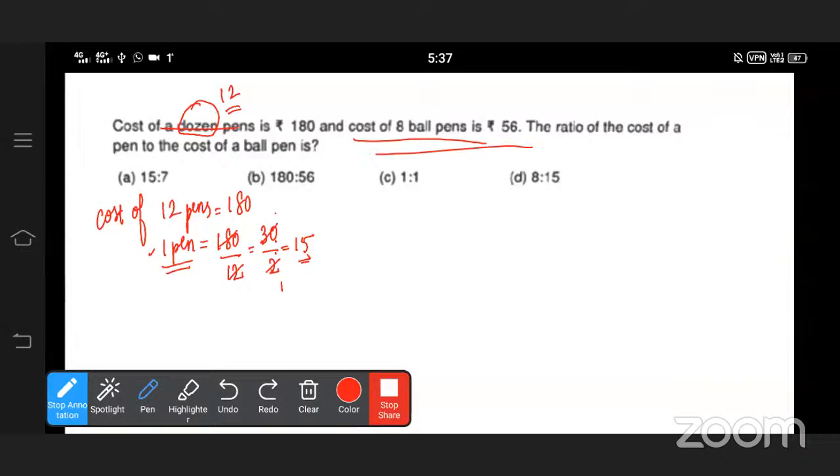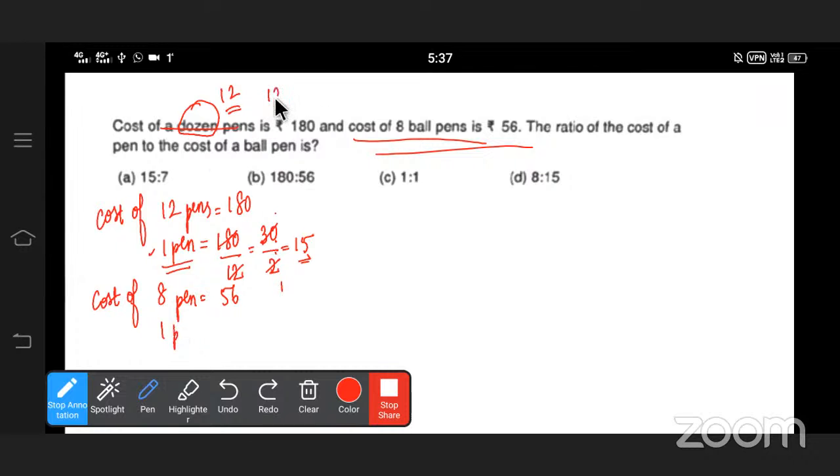The cost of 8 pens is 56. I am going to find out for 1 pen. Ma'am, I didn't understand the cost of 12 pens, one division. Okay. So what does it mean?